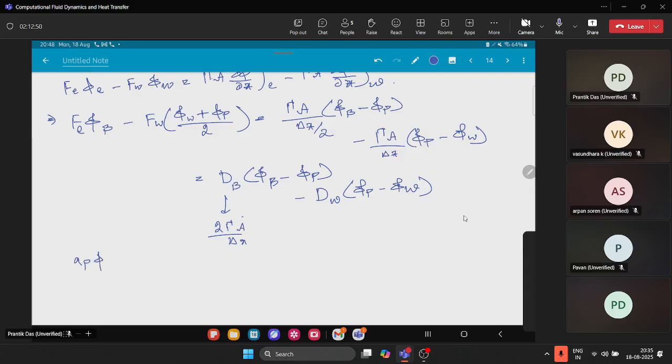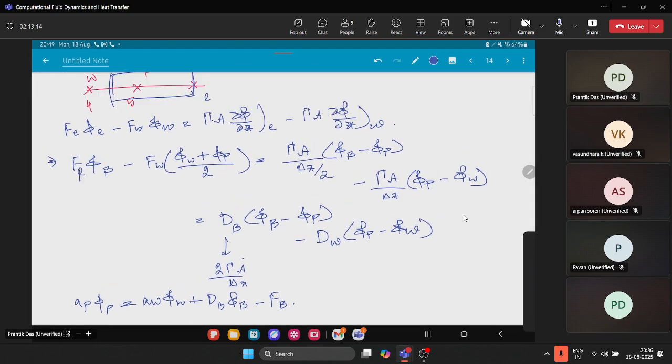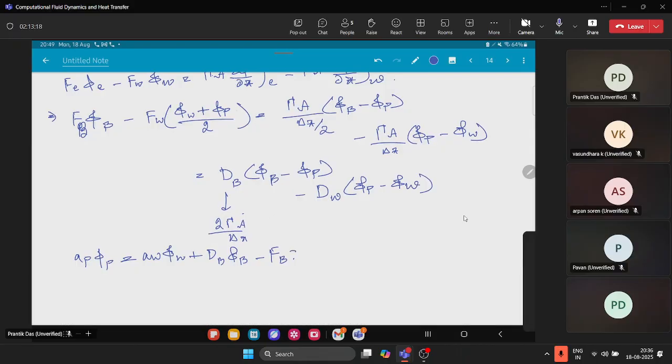This may be a bit overwhelming for the first time, but once you start doing it, it will be easy for you. So this one is basically equal to that of plus db phi b minus f. So f is basically coming to be fb, so it should be b. So this is equal to minus fb phi b.